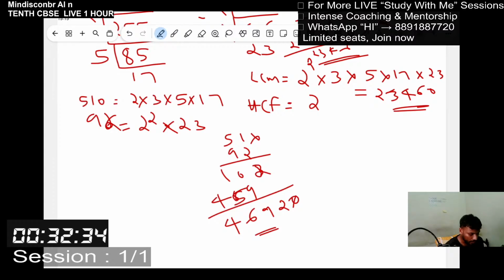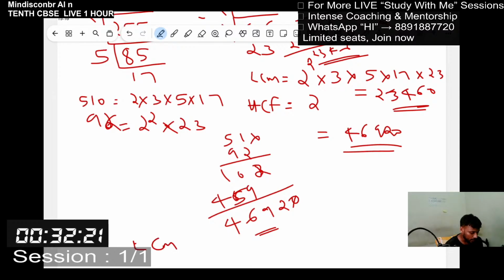Okay, here we get the product of two numbers. Now we have to multiply this LCM into HCF. LCM into 2, 23460 into 2, that will be 46920. Therefore we can say that LCM into HCF is equal to product of two numbers.